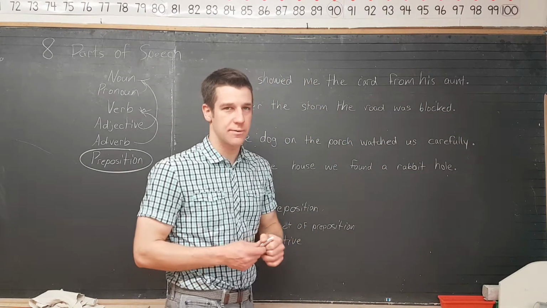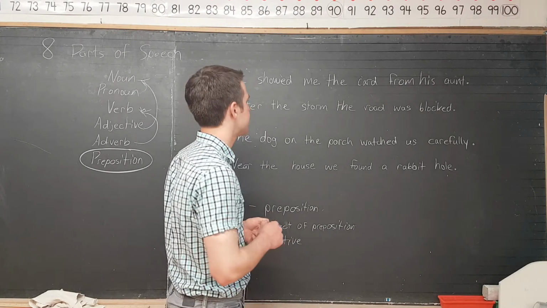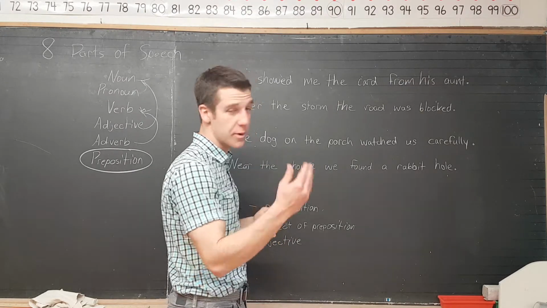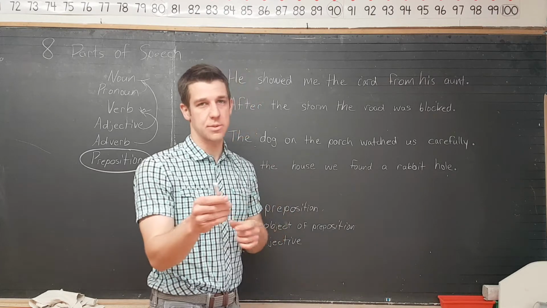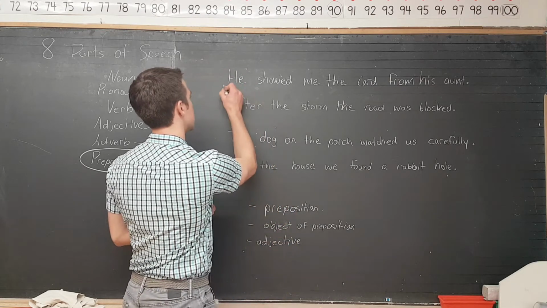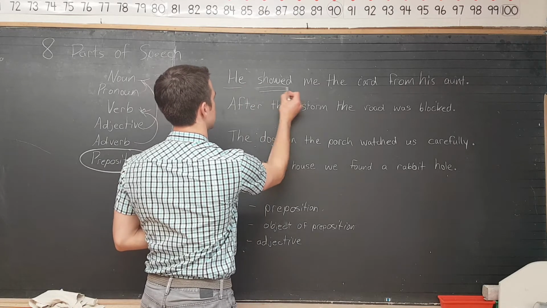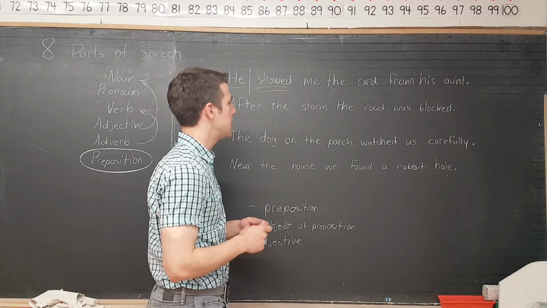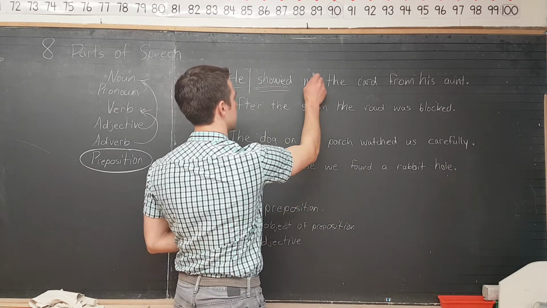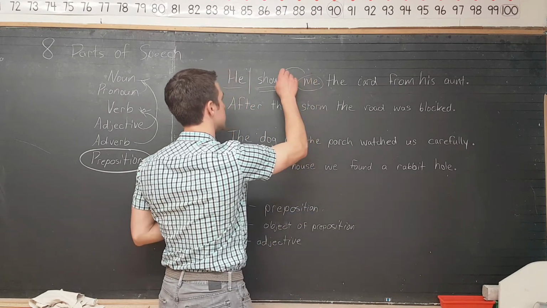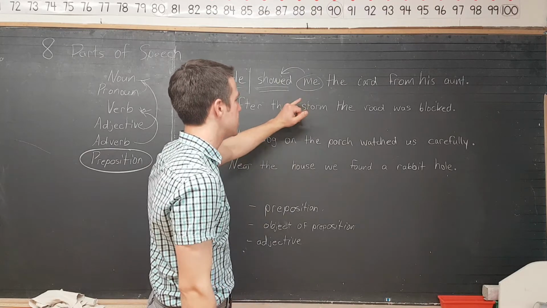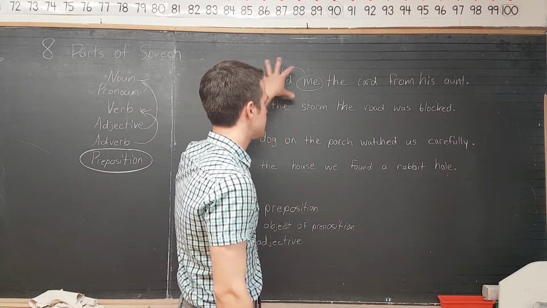If you can't find it at first, then look for a phrase. He showed. Oh, that would be the subject and the predicate, right? He showed me. So this would be the direct object, right? Because I got showed, receiving the action. So it's not there. That's the subject and the predicate.